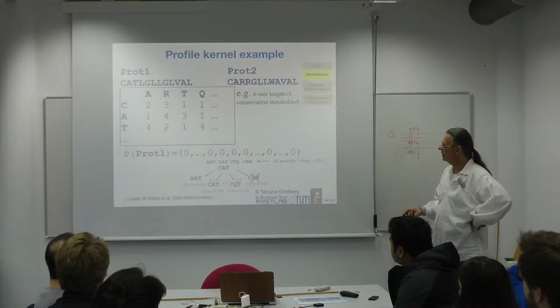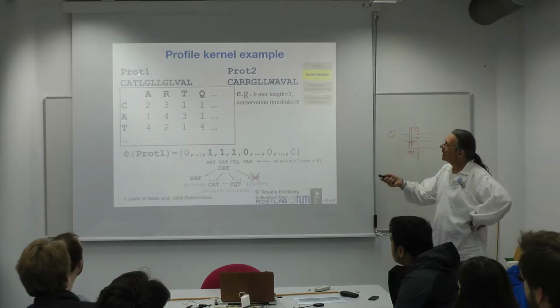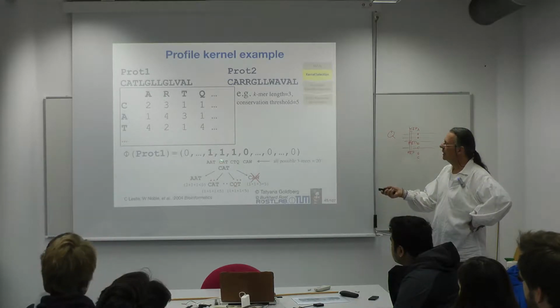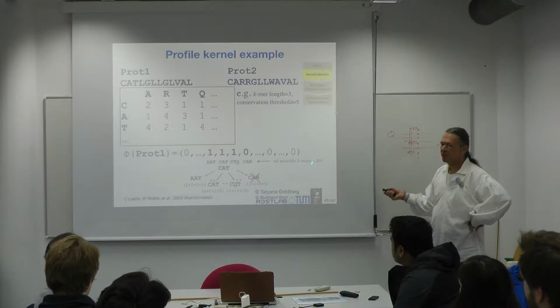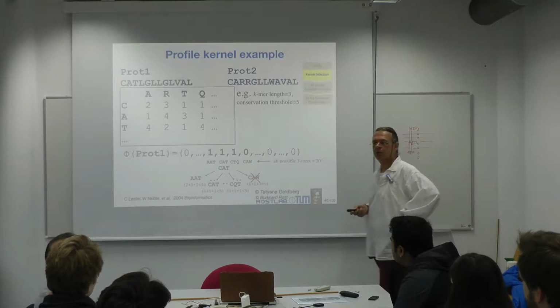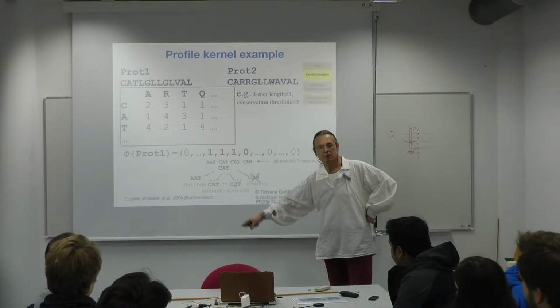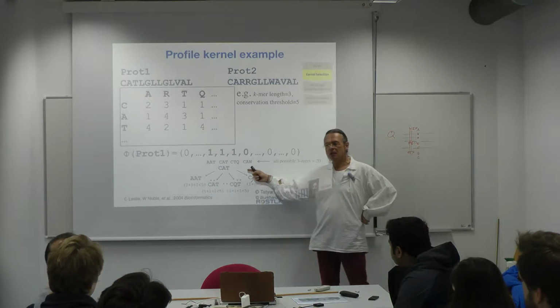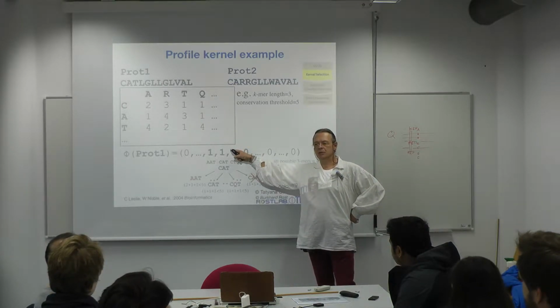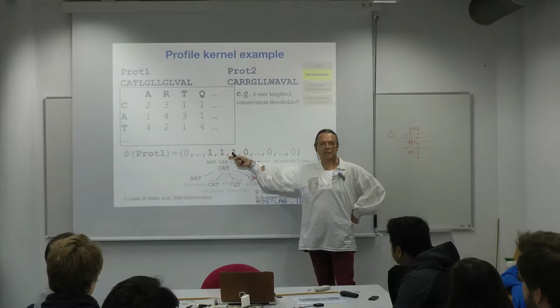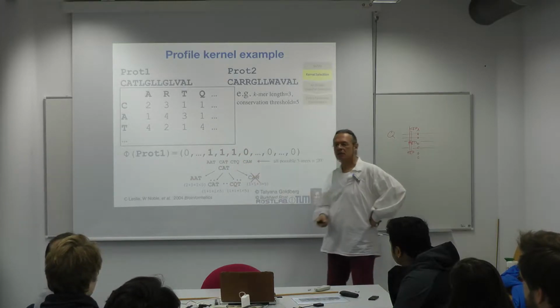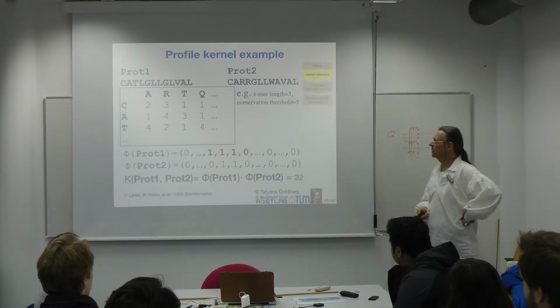So this one goes out, the smaller than 5 ones go in. So essentially, as far as we go in the sequence here, there's 1, 1, 1, and everything else is 0 of the 8,000 components of this vector. And then you run through the sequence. When you see the same thing again, you just up the count. So the max is not 1 here in this table. You just add as long as you find another k-mer of this type.